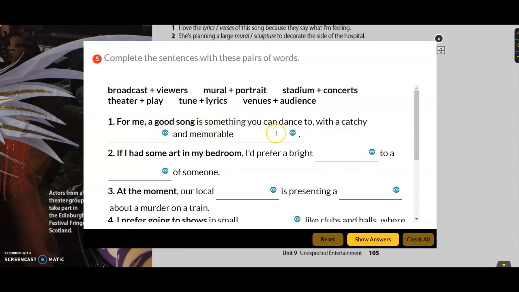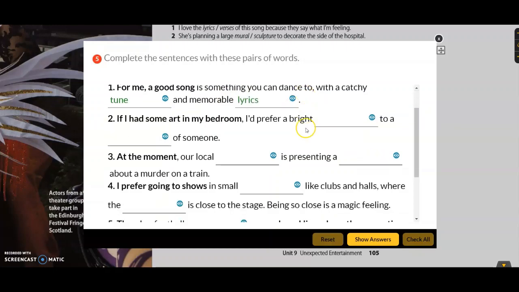Why? Because a catchy tune, remember that tune is like the part where the instruments sound. So let's check it. It would be, yes, tune, and a memorable, lyrics, the words or the messages that it gives you with the letters. Lyrics, yes. If you have these two, they are correct.